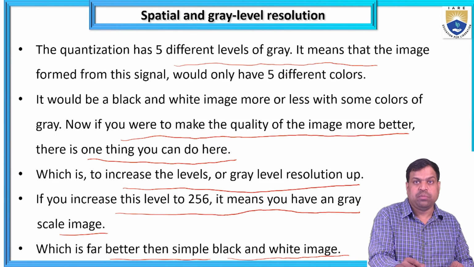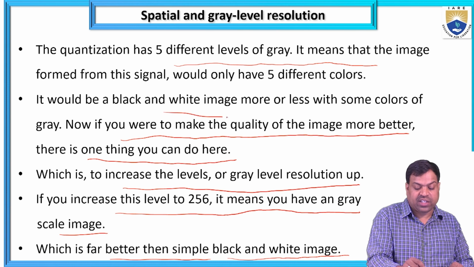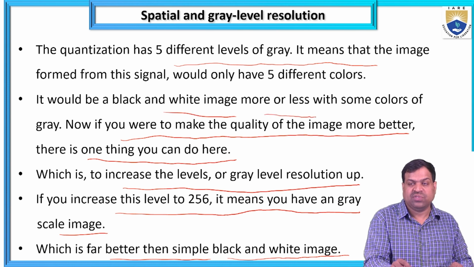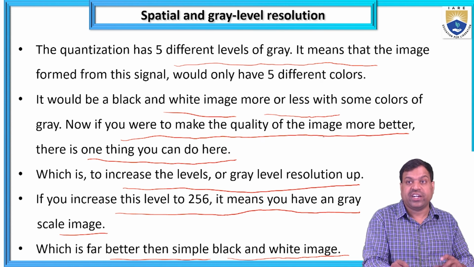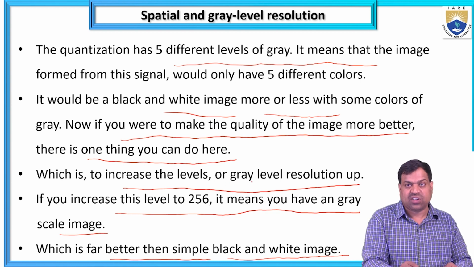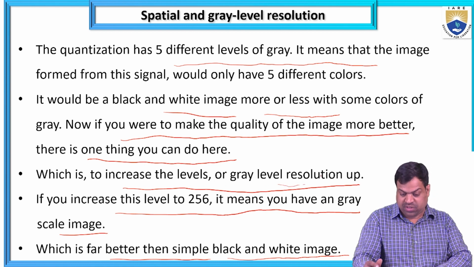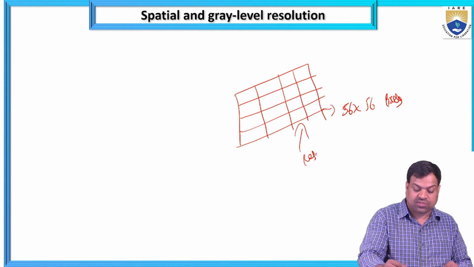It means that the image formed from the signal has 5 different colors, and the black and white image has only some shades of gray. Now we are making the quality of the image better. There is one thing you can do here, that is increasing the gray level resolution up.